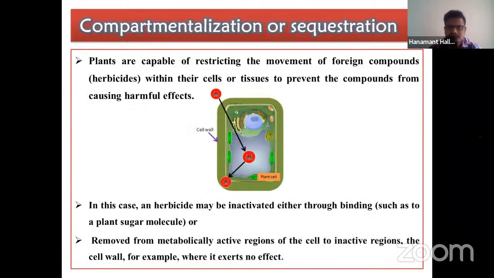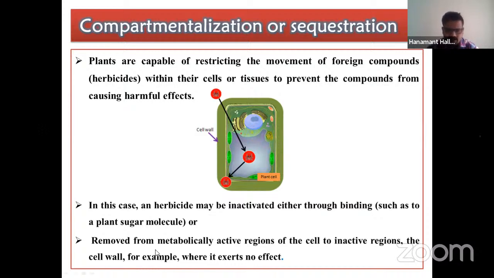In compartmentalization or sequestration, plants are capable of restricting the movement of foreign compounds, mainly herbicides, within their cells or tissues to prevent the compounds from causing harmful effects. They do not allow herbicides to enter the cells or tissues.